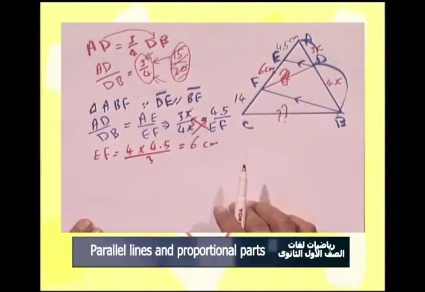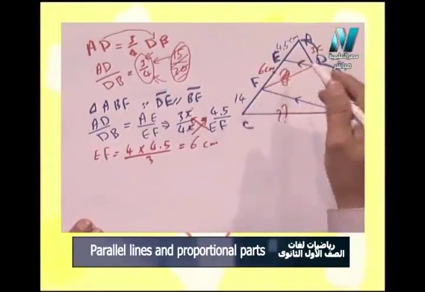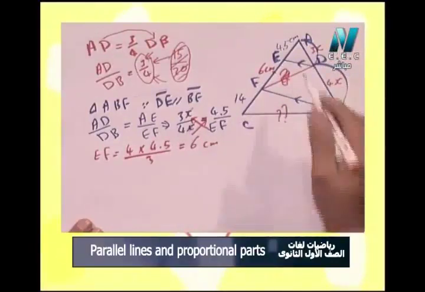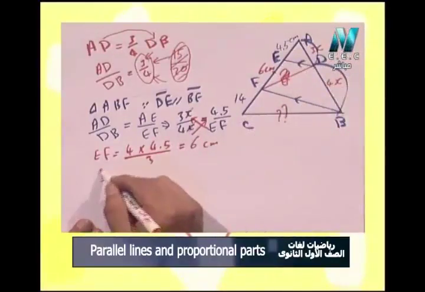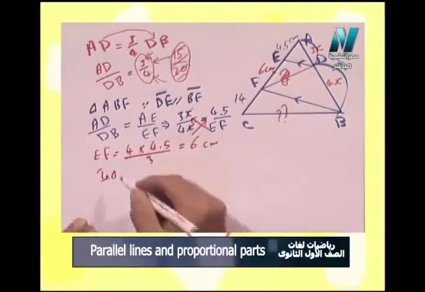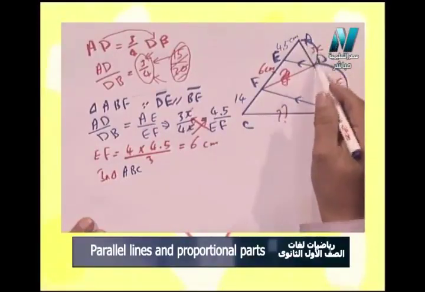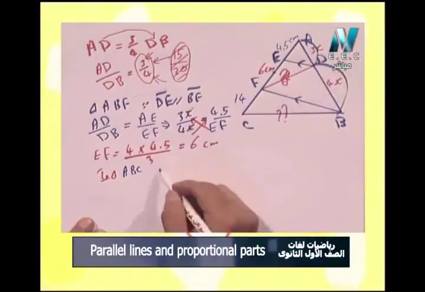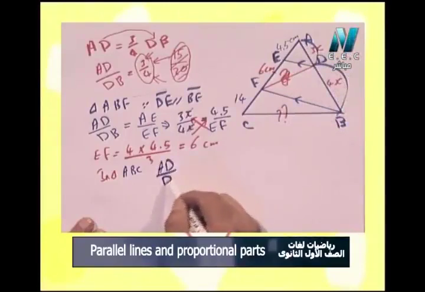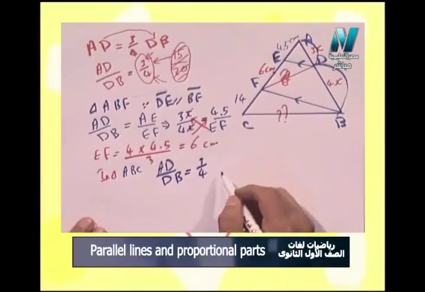And we will transfer to the bigger triangle ABC. So in triangle ABC, we can say AD over DB equals 3 over 4, as given.